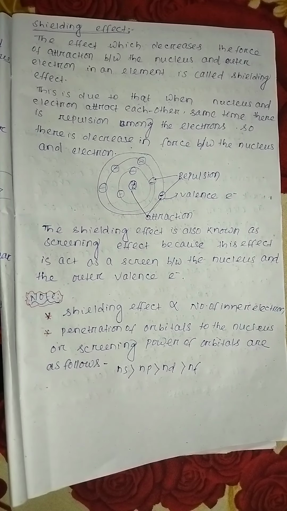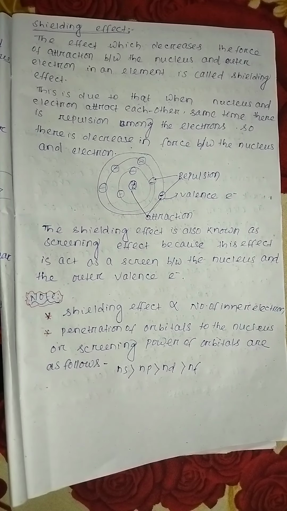This shielding effect is also known as the screening effect, because this effect acts as a screen between the nucleus and the outer valence electron. Imagine you are sitting in a class and you try to see the nature outside your class, but there is a screen on the gate, so you will not see the picture outside the classroom properly.